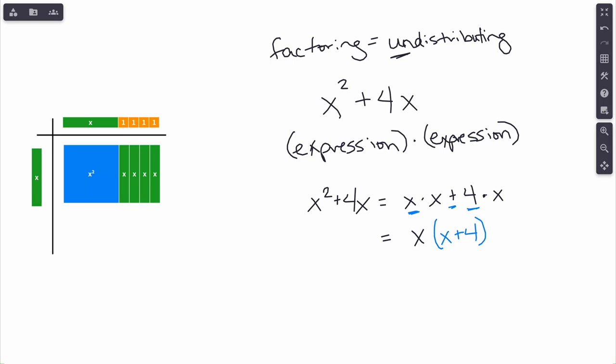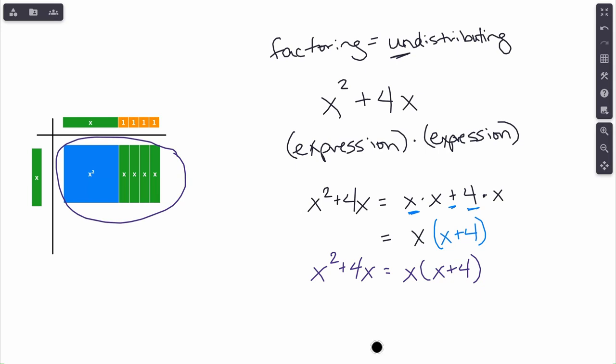So no matter which of these ways we look at it, we find that x squared plus 4x, these tiles inside here, can be written as a multiplication problem of x times x plus 4. We have successfully undistributed that x. We have factored this expression.